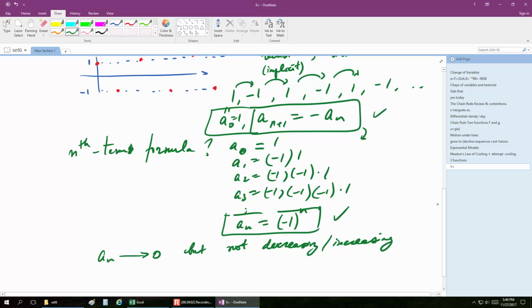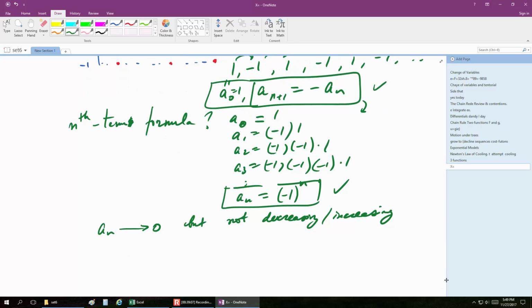So what does the graph look like? Can you think of a heartbeat? Heartbeat, that's right. I suppose the heartbeat is declining, maybe. Well, anyway, okay.